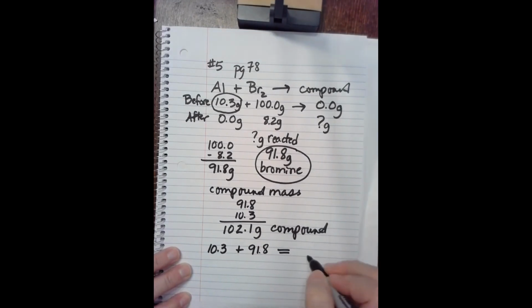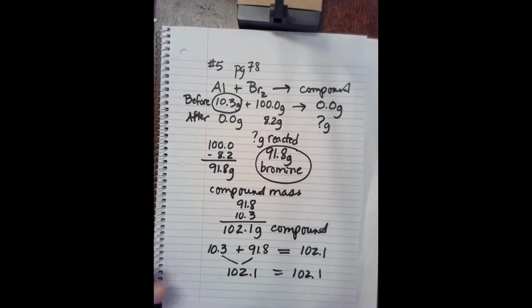Does that equal, well, we've said here it equals 102.1. And if we add it up here, it's 102.1. So 102.1 equals 102.1. Check-a-rooney. Yes, the law of mass conservation has been observed.